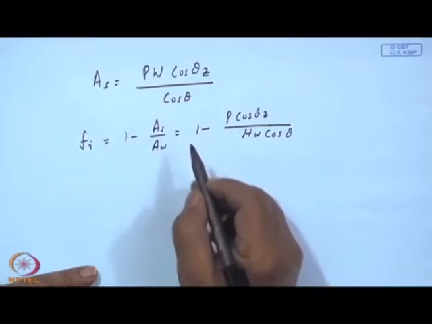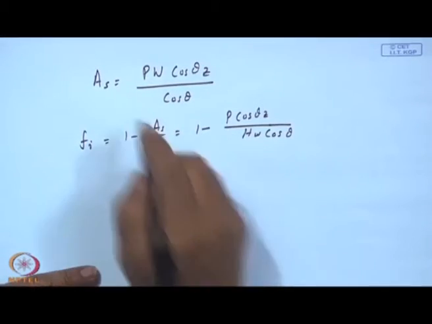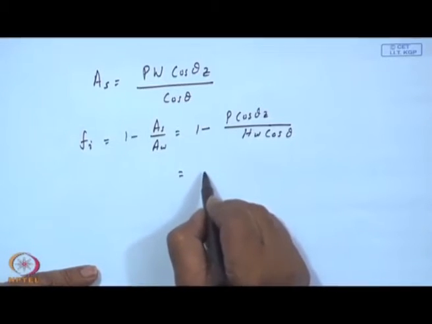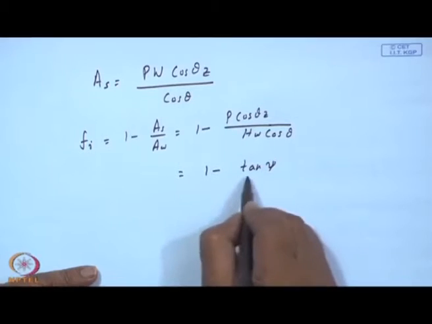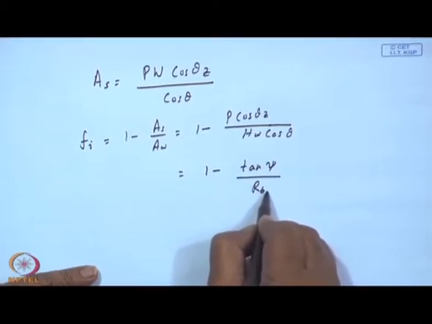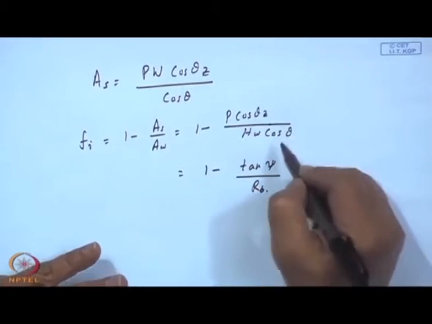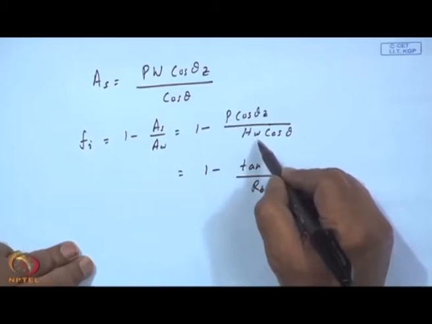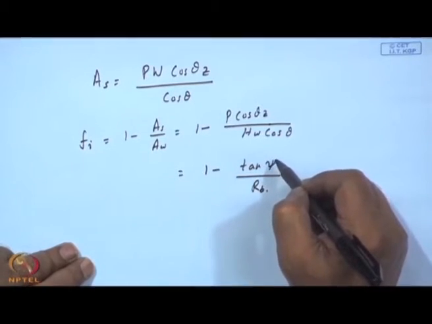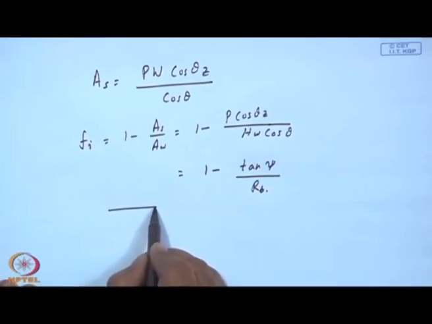A_s is equal to P into y, equal to 1 minus tan psi by R_B, because cos theta by cos theta_z is nothing but R_B, and P by H_w of the window is nothing but tan psi, where that angle psi is shown.